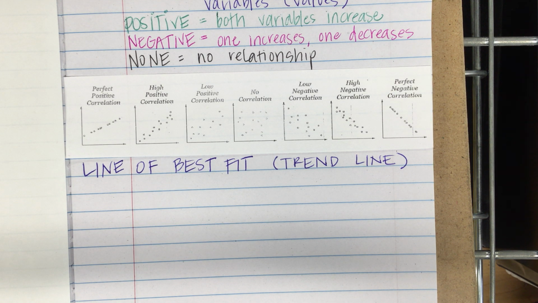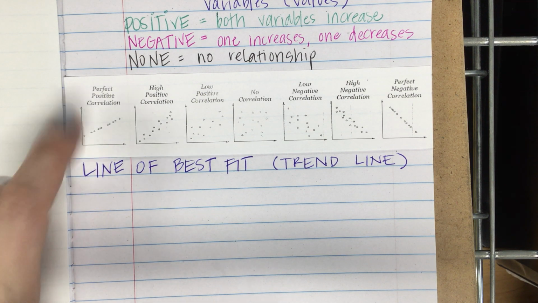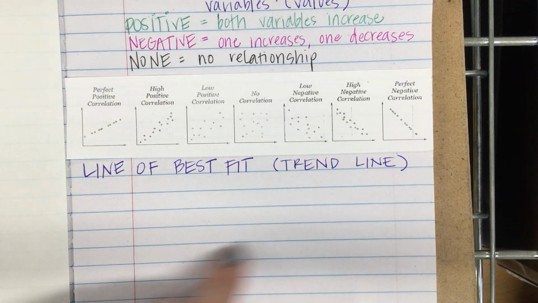And here's the kind of nuts thing about lines of best fit. Your line of best fit could be different than someone else's. And that's okay, because it's an estimate. However, there are lines of best fit that are wrong. Even though it's an estimate, you have to make a good estimate. So there are some guidelines for lines of best fit, or a trend line.